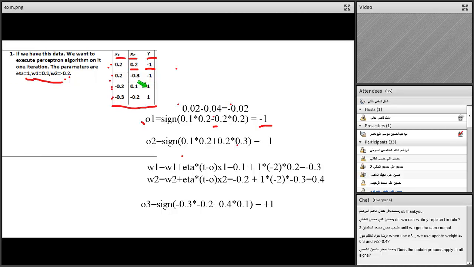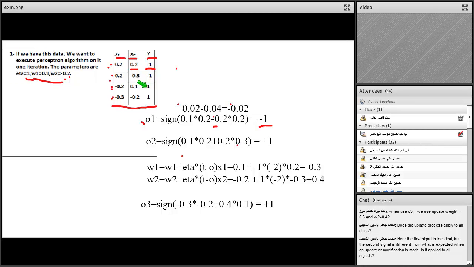And then in this algorithm, after this we check the next data. For all of the training data, the target output and the prediction output should be equal. It means that for the training data, we should have 0 error. This is the condition that we have in this algorithm, the perceptron rule.